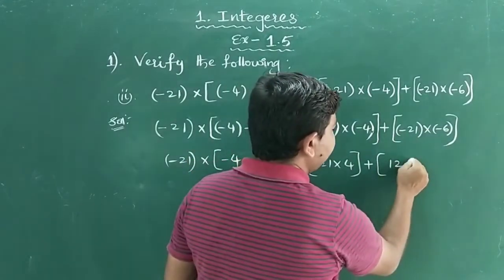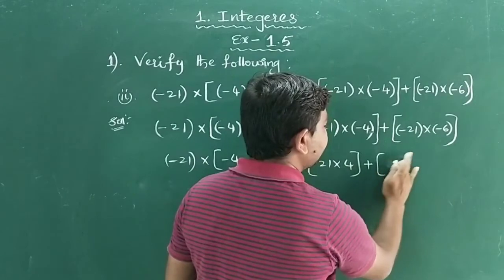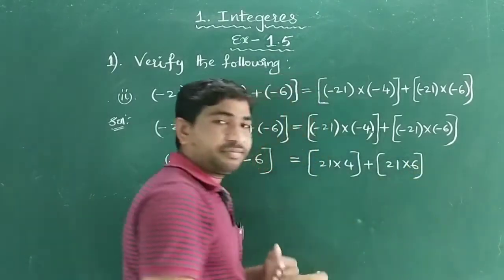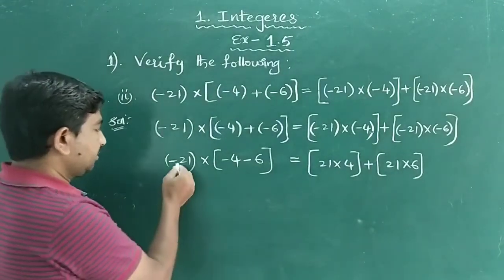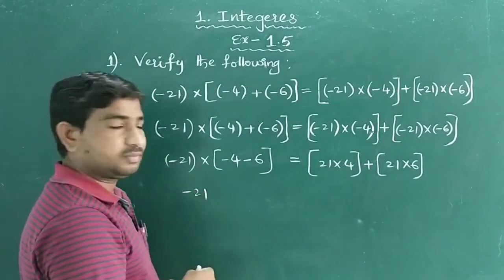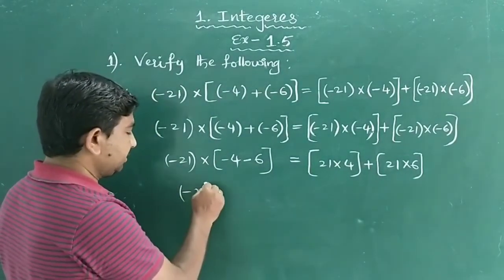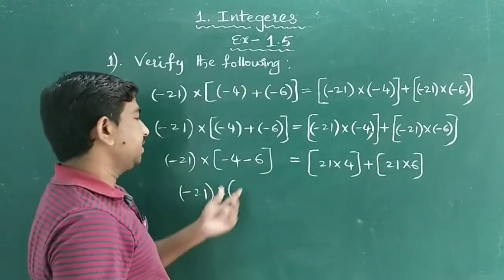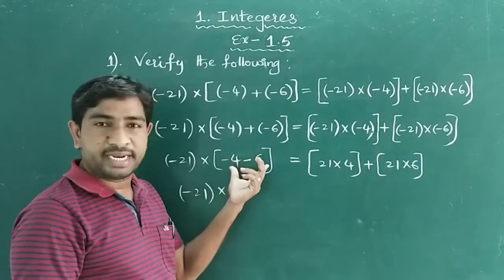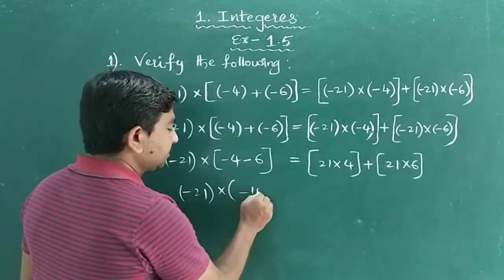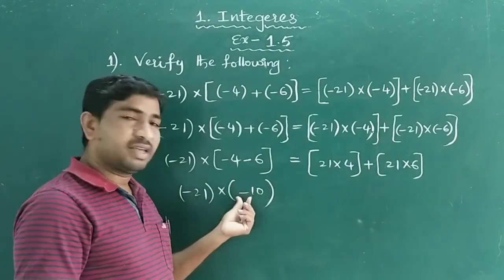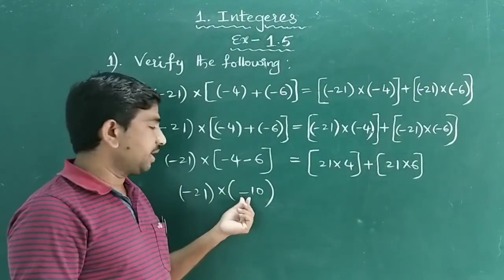We can multiply that afterwards. On the left side, minus 21 into, now this is minus 4 minus 6, we have to add. Minus 4 minus 6 is minus 10. Both have the same symbol, so we get our result in negative form, minus 10.